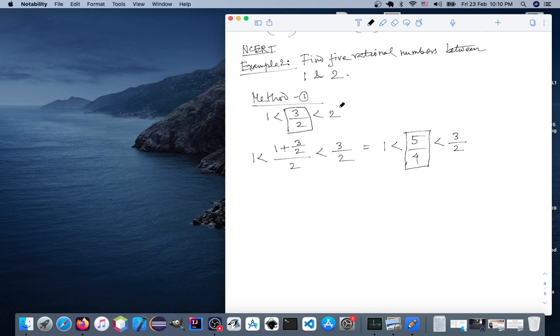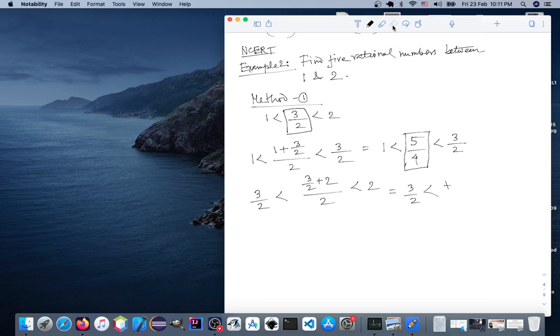Now we can find another rational number between 3 by 2 and 2. 3 by 2 should be less than 3 by 2 plus 2 divided by 2, where 3 by 2 plus 2 is 7 by 2, so we get 7 by 4.